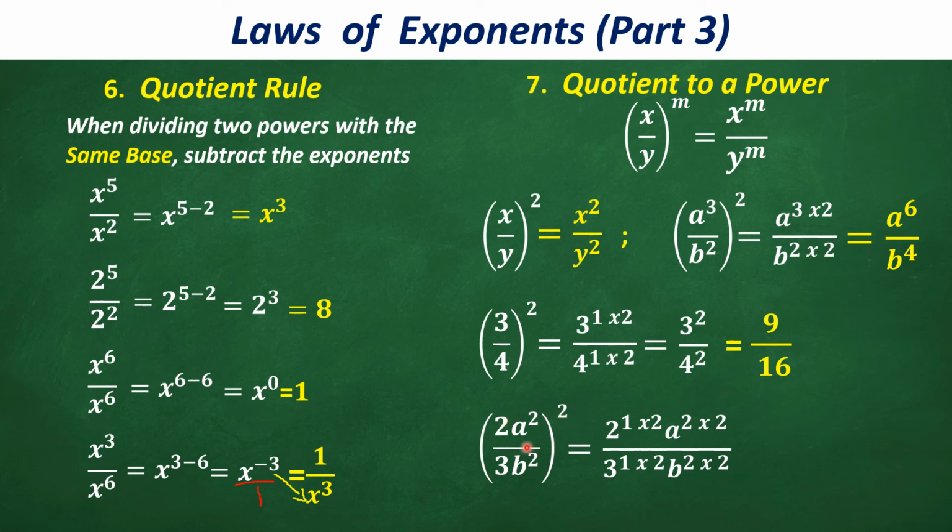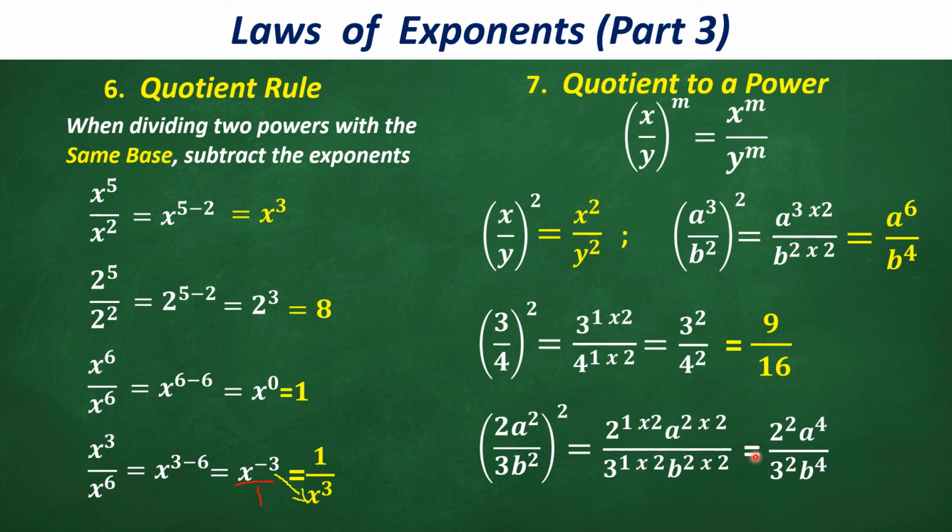Copy the base a, i-multiply yung exponent ni a na 2 dito sa labas na 2. Then, copy the base 3 for our denominator. Then, exponent ni 3 ay 1. Multiply sa exponent na nasa labas na 2. Then, copy the base b. I-multiply yung exponent ni b na 2 dito sa exponent na nasa labas.